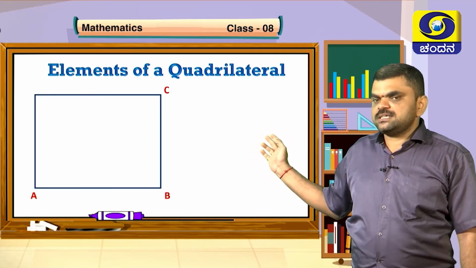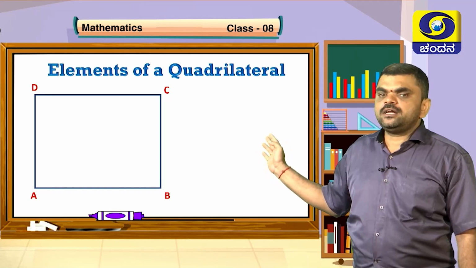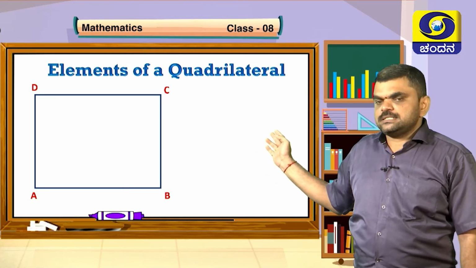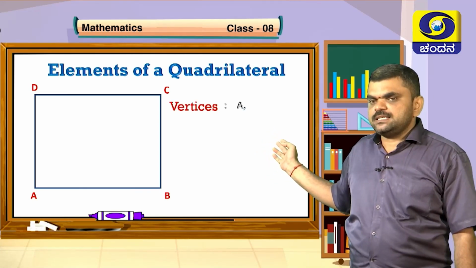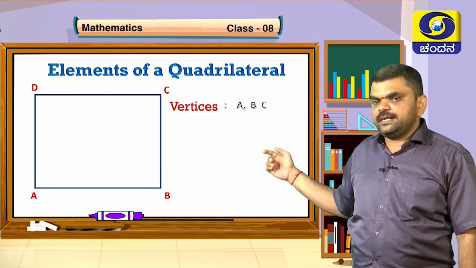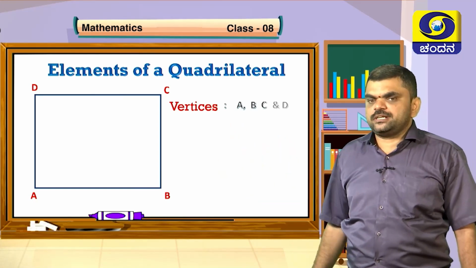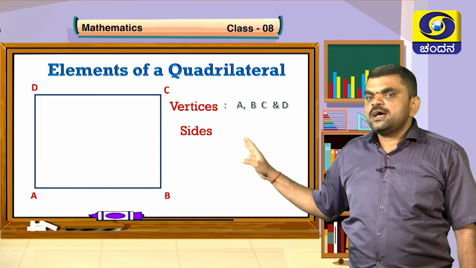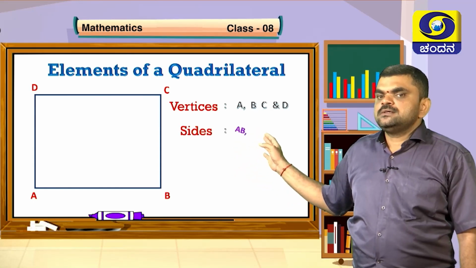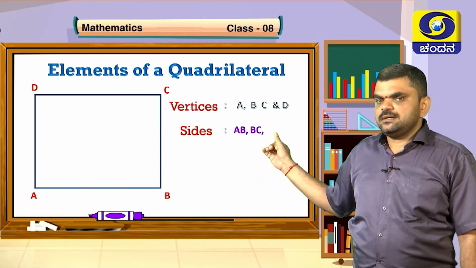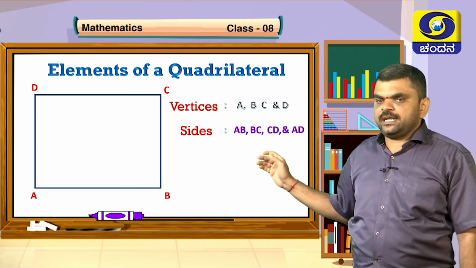A quadrilateral is a four-sided closed planar figure, isn't it? Yes, it has 4 vertices, that is A, B, C and D are the 4 vertices here, children, and it has 4 sides: AB, BC, CD and AD.